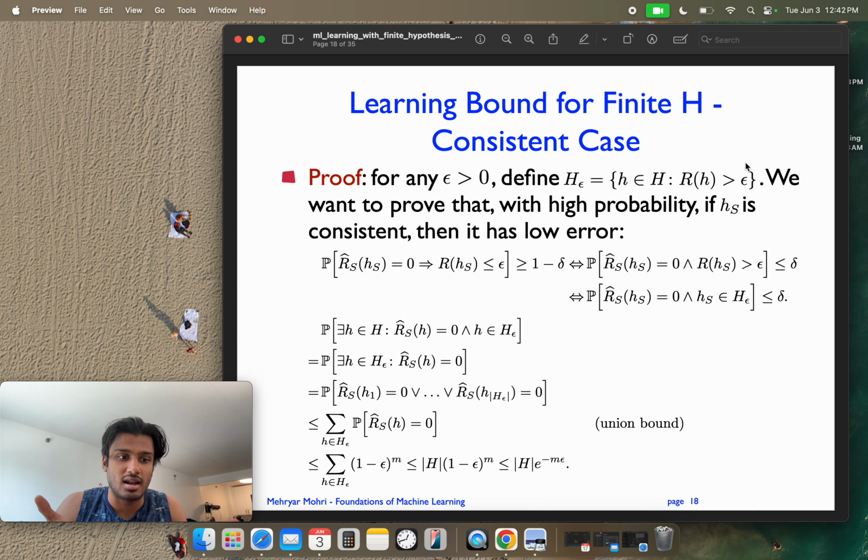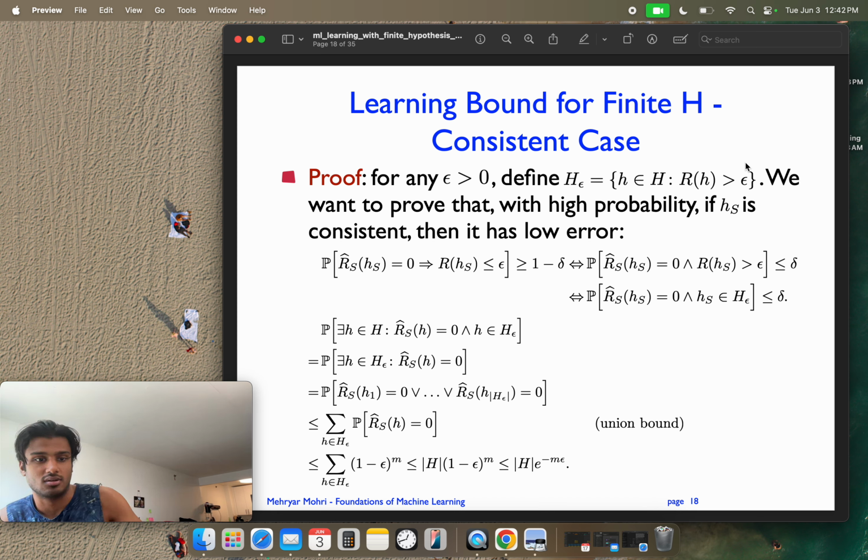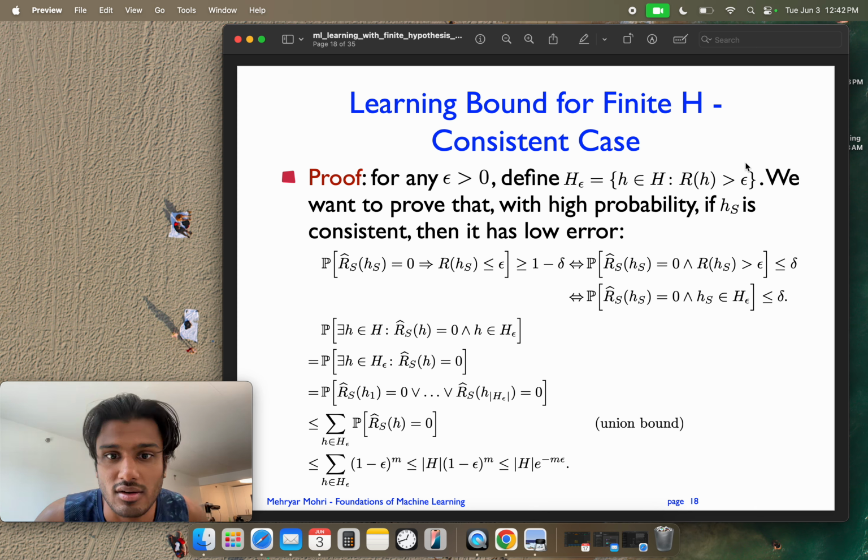So we're going to compare: how can we end up with a hypothesis for which the empirical risk is 0, but the real risk is greater than epsilon? Only then are we violating those conditions, right? That the real risk is greater than epsilon with some probability. And if we're able to get a handle on this, then we can comment on the real risk being less than epsilon by just reversing the probability.